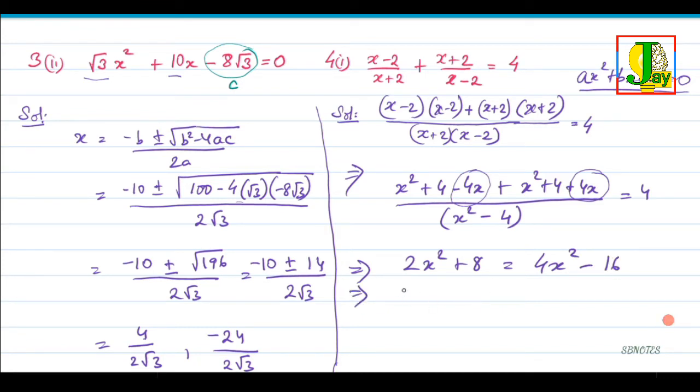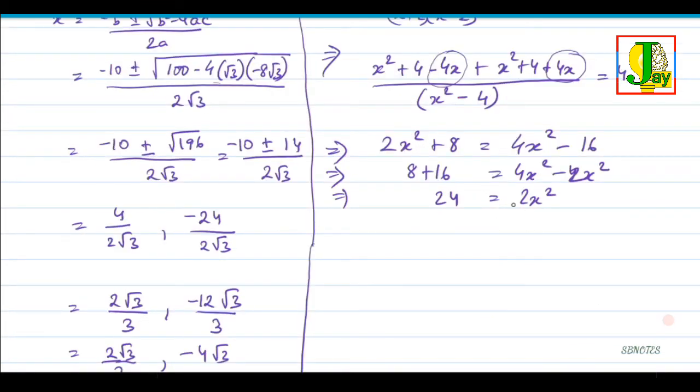So you first have to write it in the general form, 2x square, taking it to the other side we get 4x square minus 2x square, minus 16 goes to this side, we get plus 16. Okay, so 8 plus 16, so we have 4x square minus 2x square, that's 2x square equals 8 plus 16, 24.